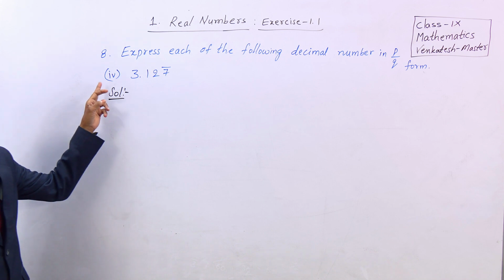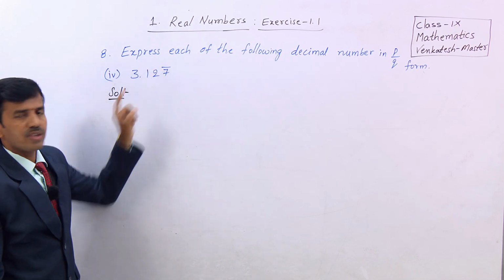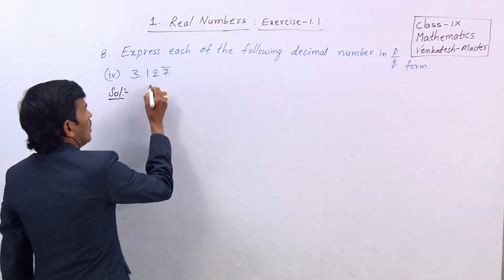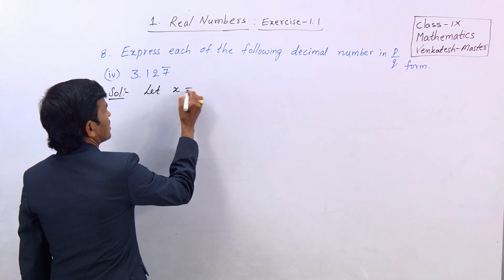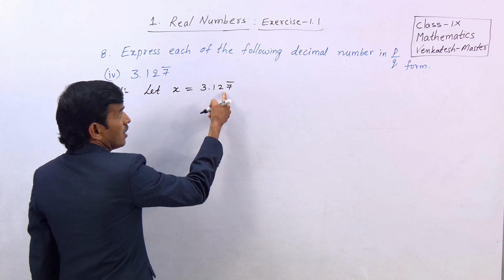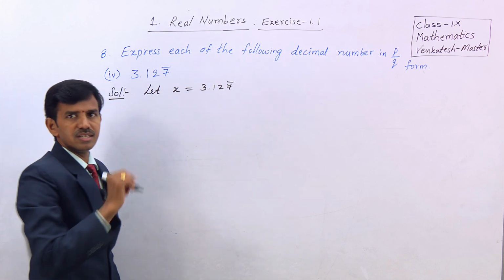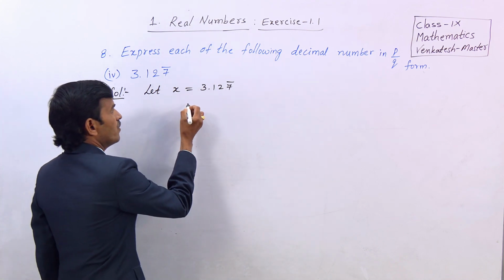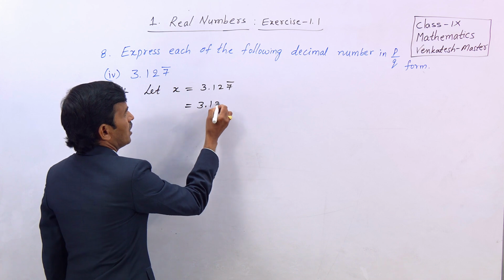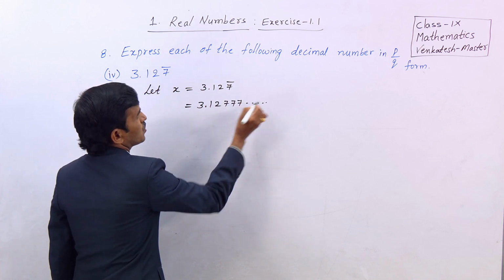Okay, go to the last problem of this bit, that is 3.127 bar. Let this given number be x is equal to 3.127 bar. Clearly observe that the bar is given for only the single digit 7. So it can be written as 3.12777 and so on.